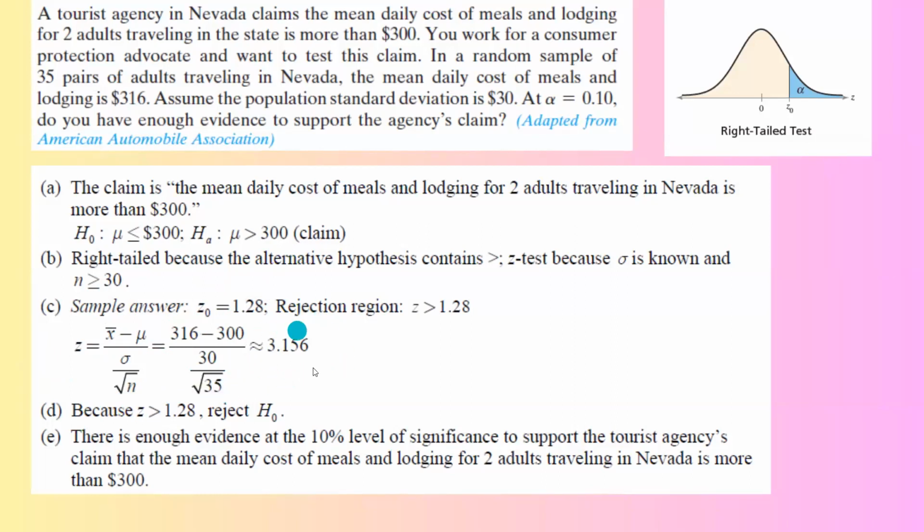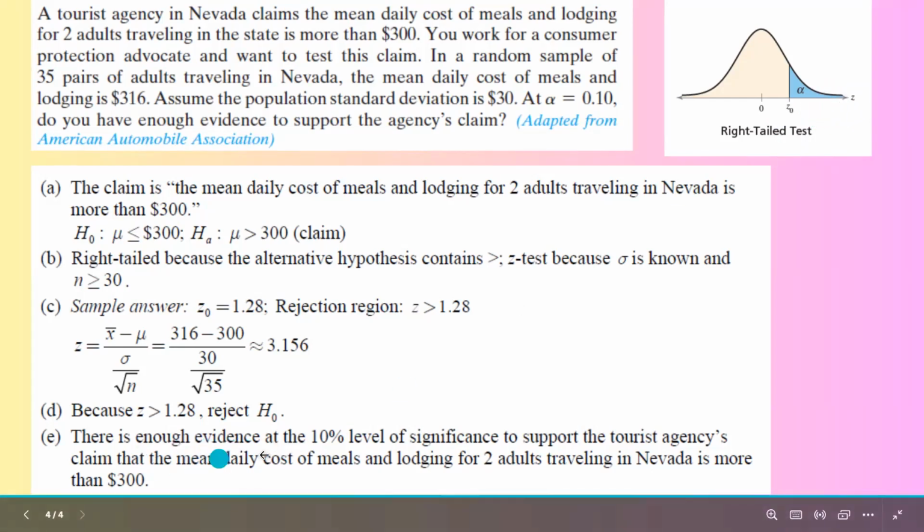This is about 3.15, and as you can see, 3.15 is more than 1.28. So your z sub 0 or critical value is 1.28, and your standardized test statistic lands around here in the tail. Since it's in the rejection region, you're going to reject the null hypothesis.